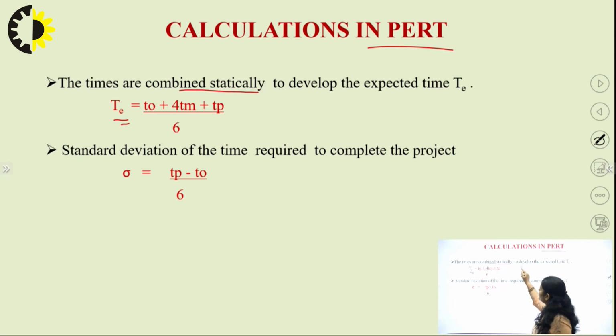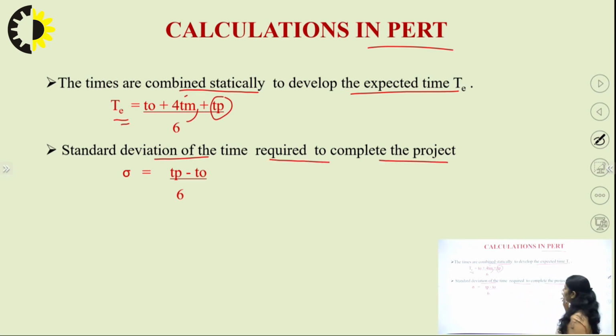The times are combined statistically to develop the expected time TE. So TE equals TO, the optimistic time, plus 4 times TM, the most likely time, plus TP, the pessimistic time, divided by 6. With the help of this formula we can find one value of the time. Then we can also find the standard deviation of the time required to complete the project.